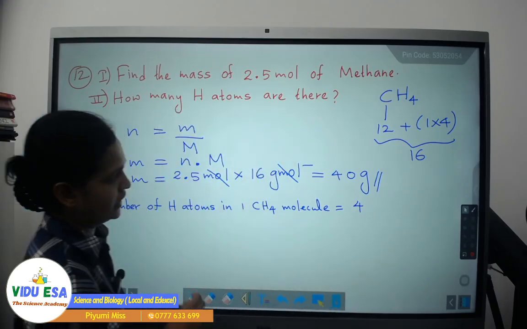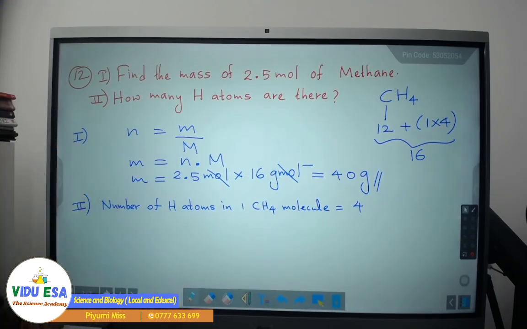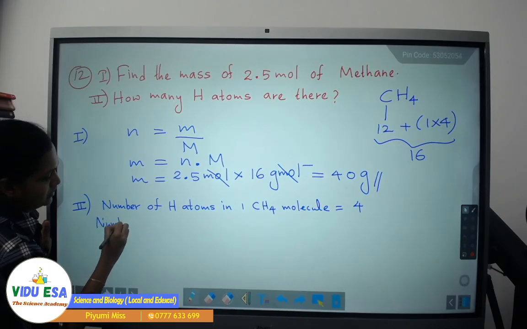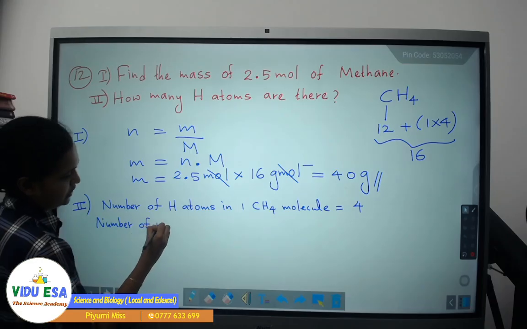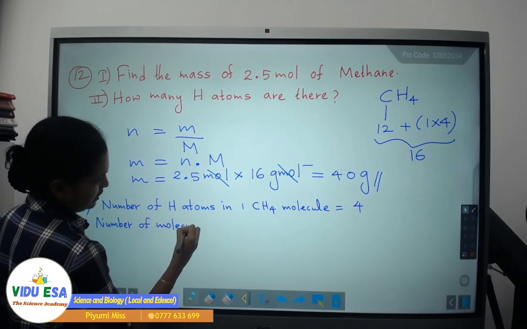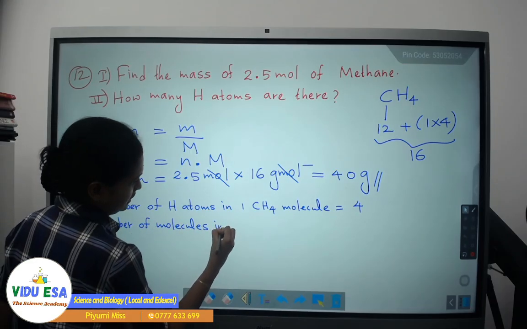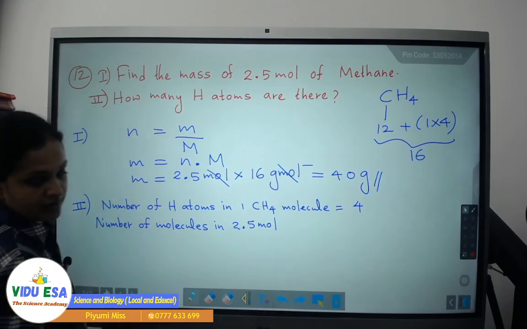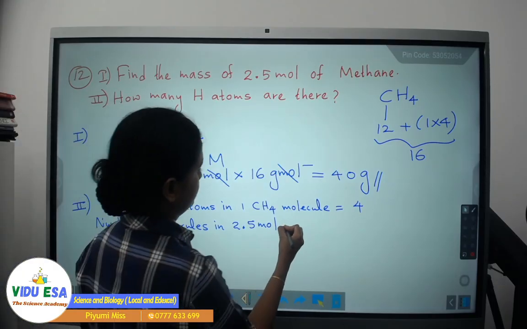Now there are 2.5 moles. And we'll say the number of molecules in 2.5 moles of CH4.